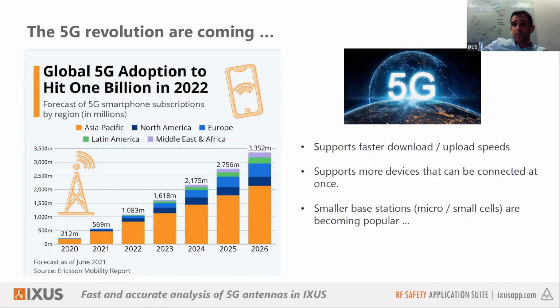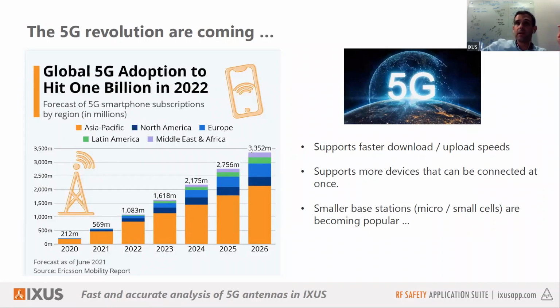So that's just the technology. As you can see from the figures, the users are increasing everywhere. The densification of these antenna systems in the environment is also very important to note, as these antennas are being deployed quite rapidly.